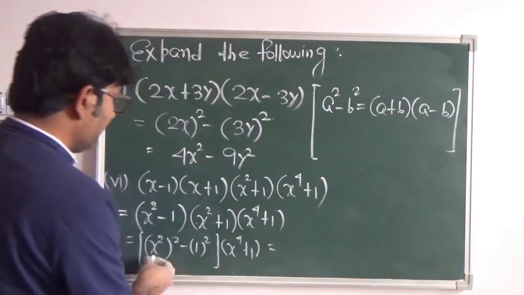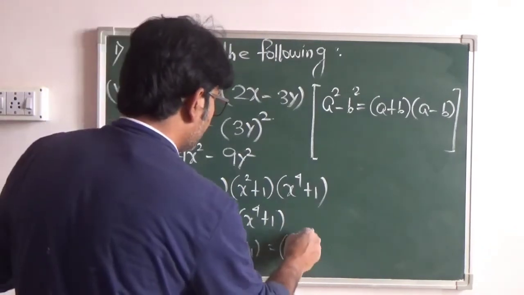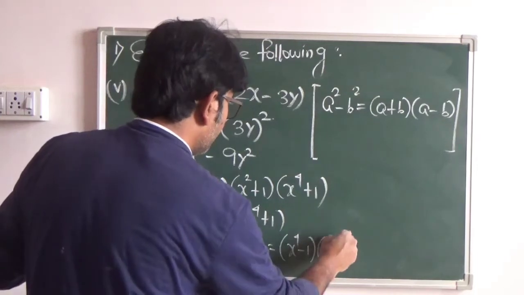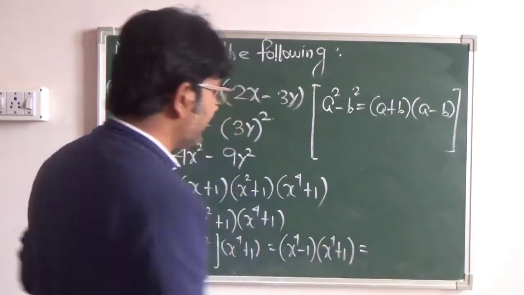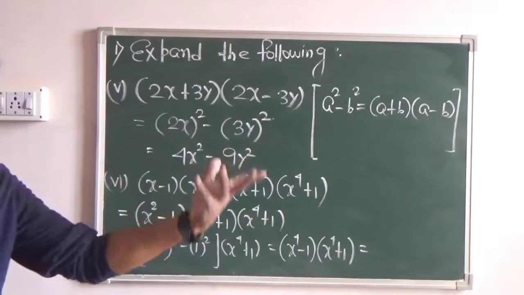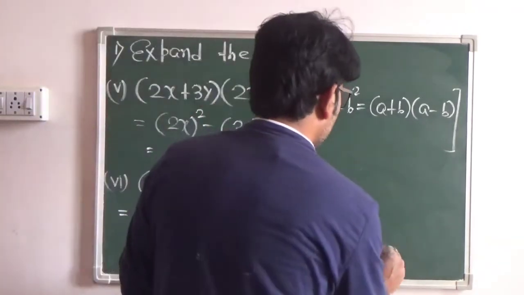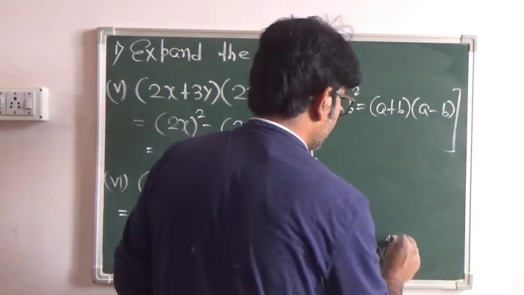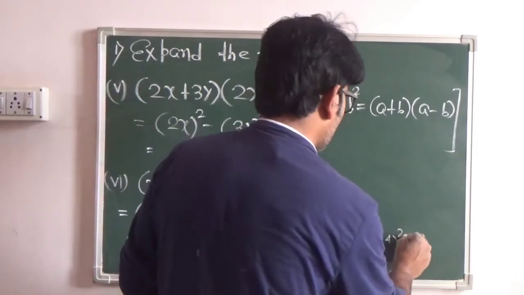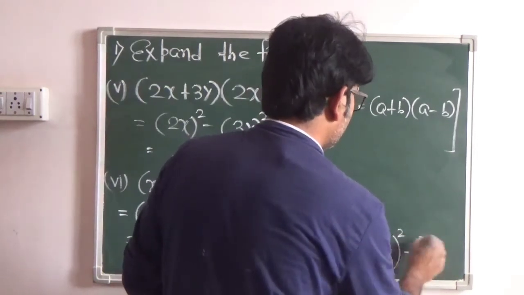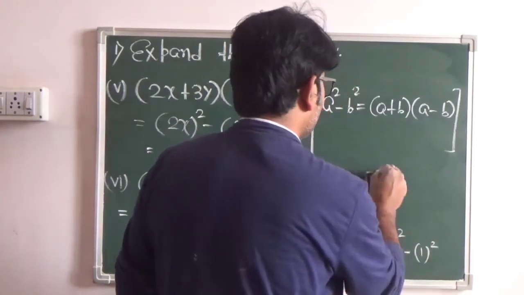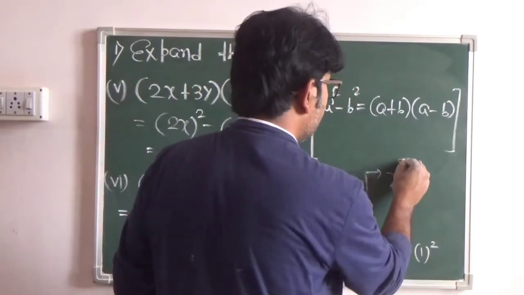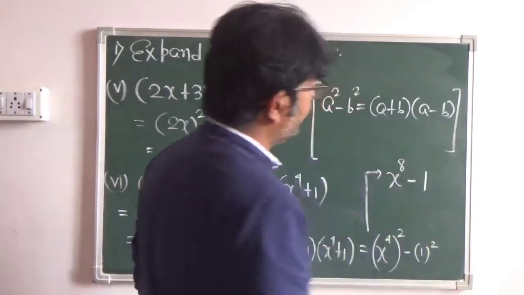So it comes to (x power 4 - 1) into (x power 4 + 1). Again (a - b) into (a + b), so a square minus b square. So it is (x to the power 4) square minus 1 square. So you get x to the power 8 minus 1.